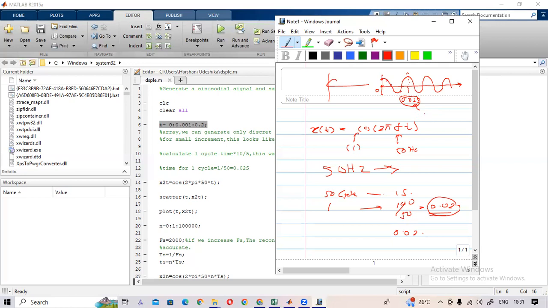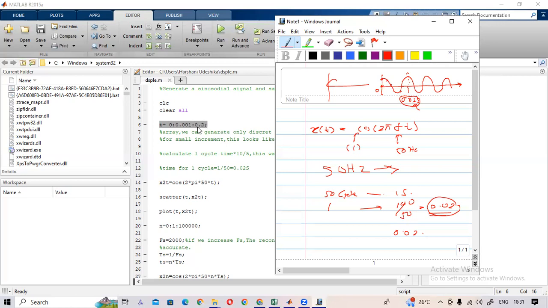The difference of the consecutive points should not be higher; it should be a very low value. That is why we use this increment, 0.001, which is very much lower than 0.02.